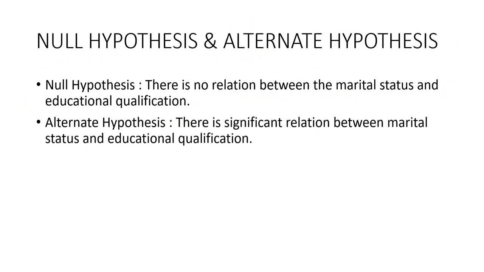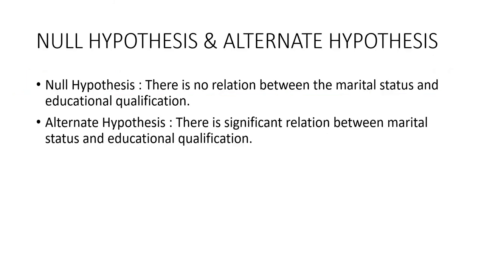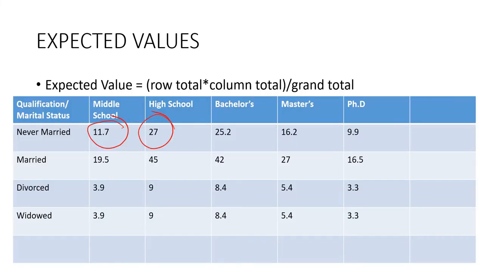So we will write all the observed values: 18, 36, 21, 9, 6, 12, 36, 45, 36, 21. All these are observed values, as we see in the table. This is the calculation of chi-square. There are a lot of values here, and you can see them in the table.